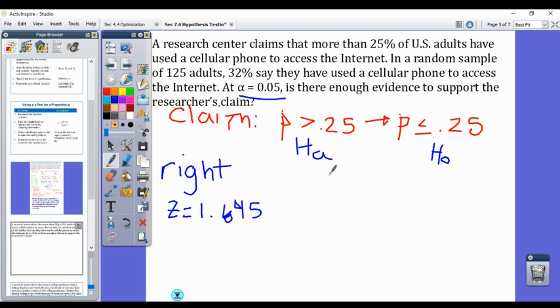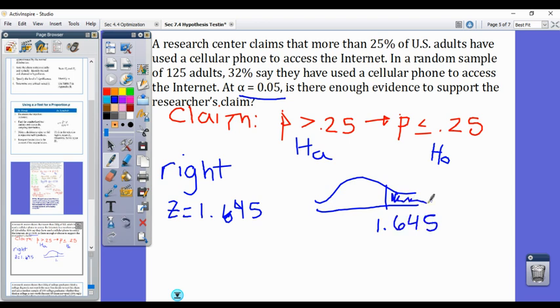Okay, so what that is telling me is anything larger than 1.645 is going to be in my rejection region. Since it's a right tail test, we're shading into the right. Okay, so let's go ahead and see what other information I have.